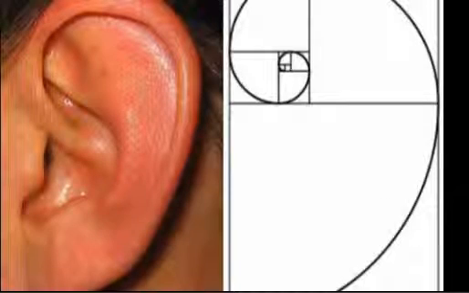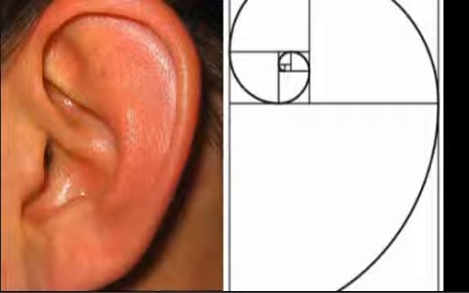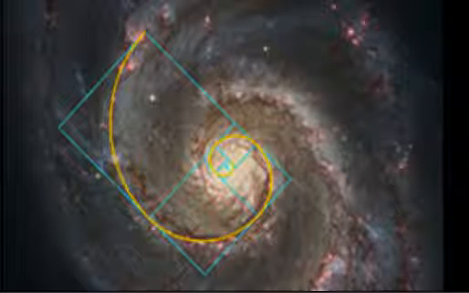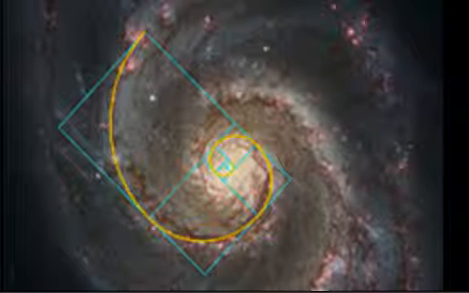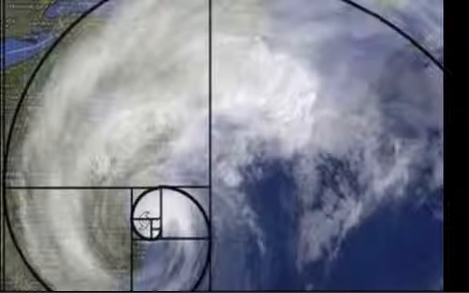Snail shells and nautilus shells follow the logarithmic spiral, and so does the cochlea of the inner ear. Spiral galaxies also follow the familiar Fibonacci pattern. The Milky Way has several spiral arms, each of them a logarithmic spiral of about 12 degrees. These arms are also prevalent in hurricanes.